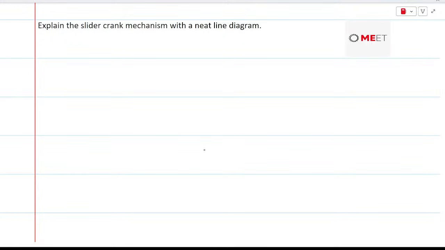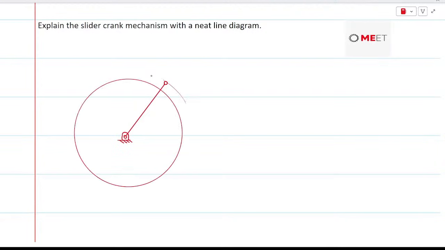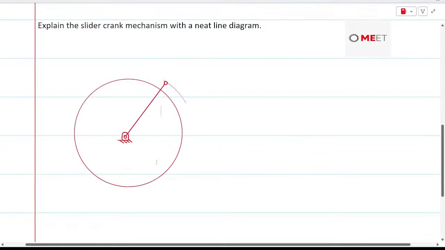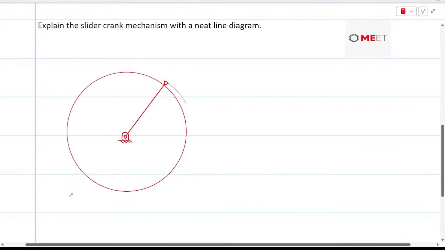Explain the crank slider mechanism with a neat sketch. So let me just draw the crank slider mechanism. First, it consists of the smallest link, which is completing circular motion. This is the fixed link to which it is pivoted, and this is the locus of a point on the crank when it is in circular motion.